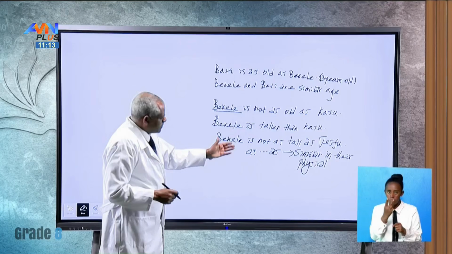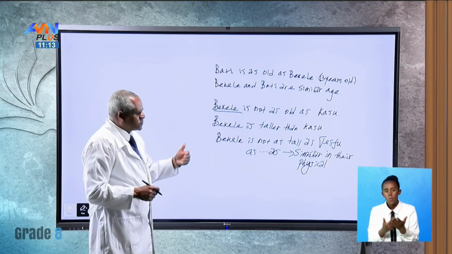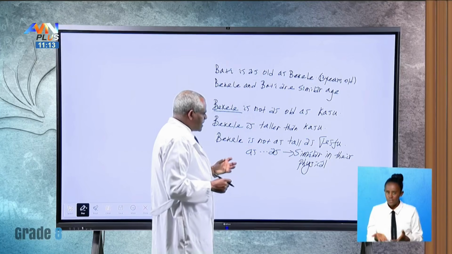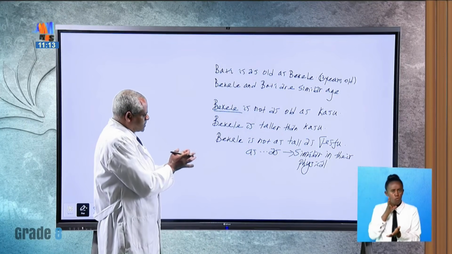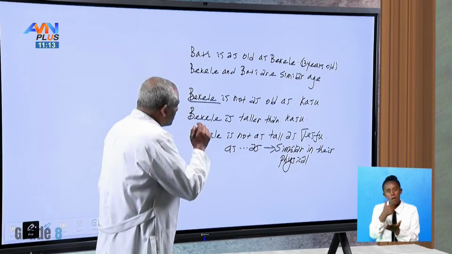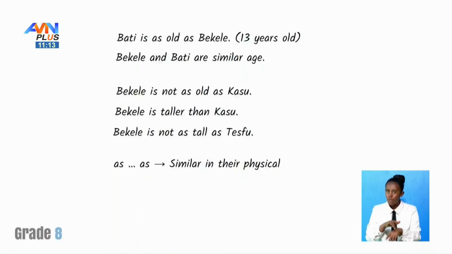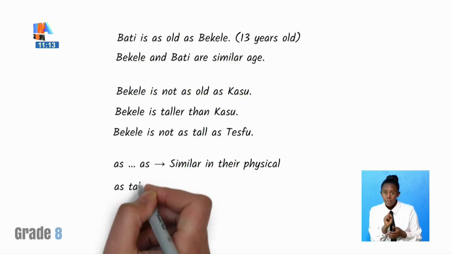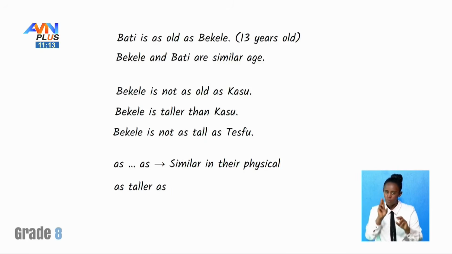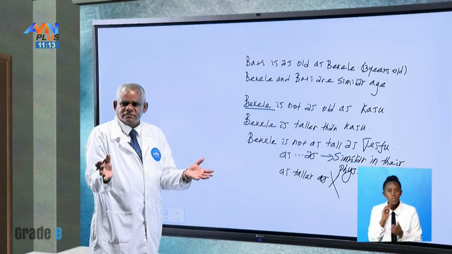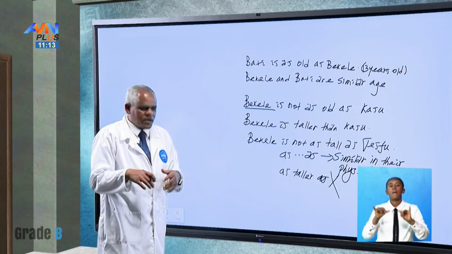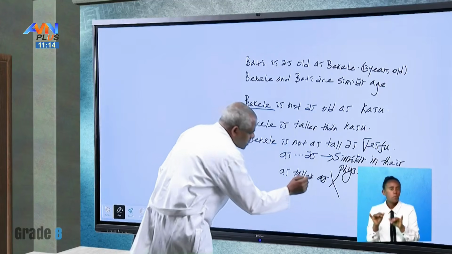We're trying to talk about those students, those people who are similar in different contexts. Therefore, when they are similar, don't forget to use the same structure. In such a case, the "as... as" structure. Be careful, don't say "as taller as". No, this is the wrong structure. That's why, because they are equal in their physical appearance, in the age, in the weight, whatever the case is. Yeah, the same is true.